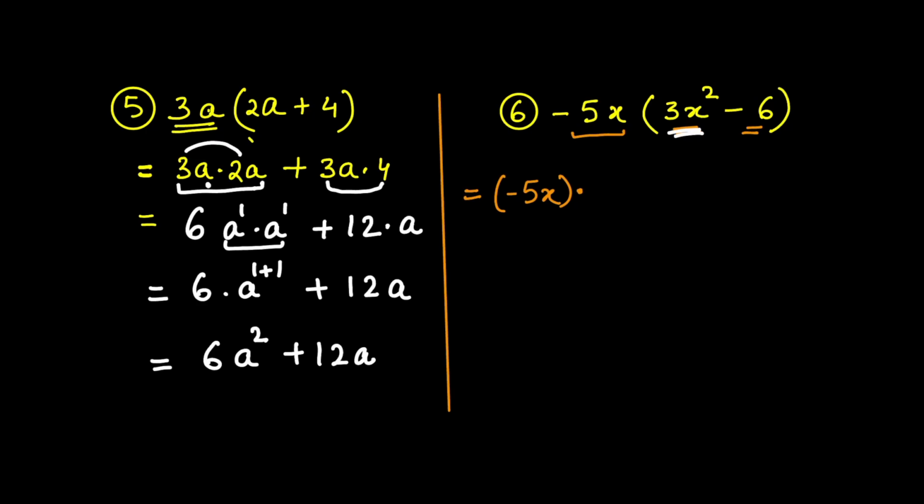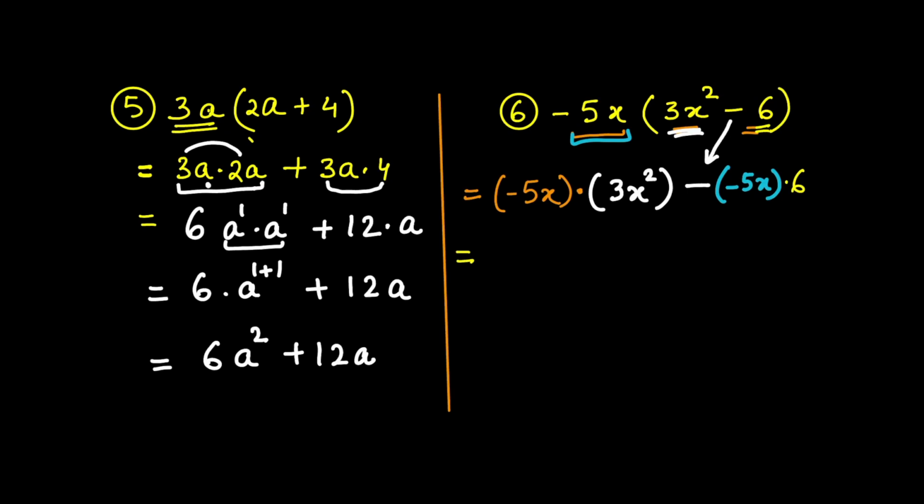So it is times 3x squared. Then we write this sign, we continue here minus, and the outer number which is there, we write that in bracket, and the next number we write times this number 6.